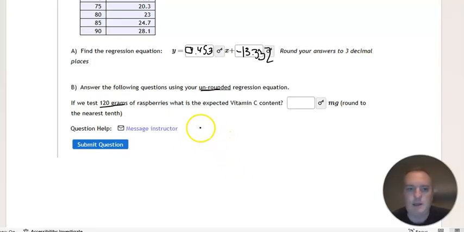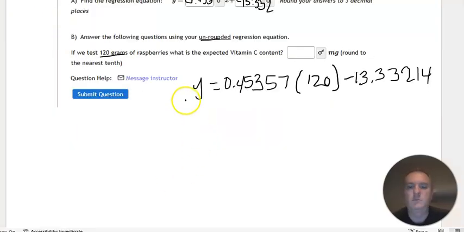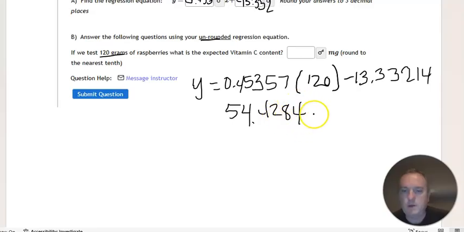So let me copy that over, and then we'll do a little algebra and solve. Okay, I have that copied over from the calculator. We're going to plug in 120 for X, so we just have to do a little algebra. The order of operations says we have to do multiplication first, so 0.45357 times 120 is 54.4284, and we're going to subtract 13.33214 from that.